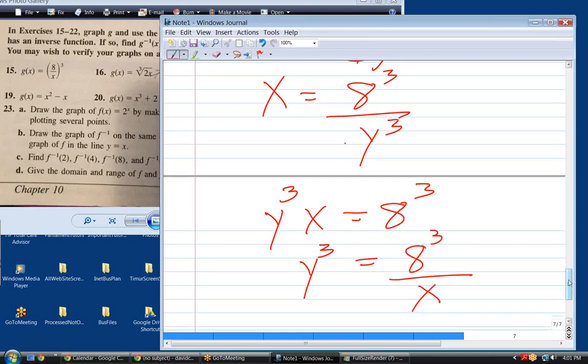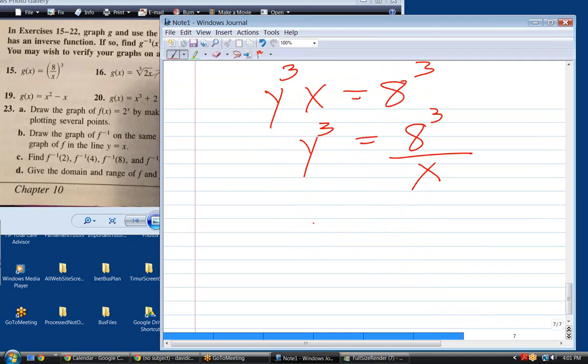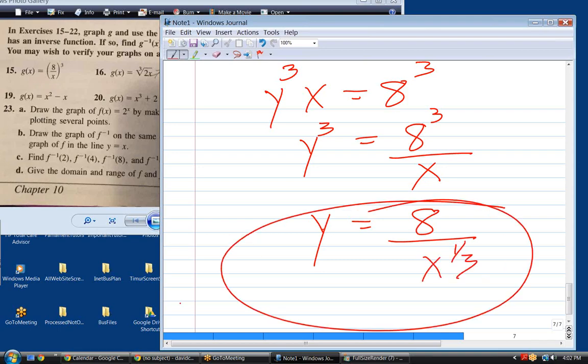And now take the cube root of both sides. There's your inverse function. In other words, you solve it the same way.